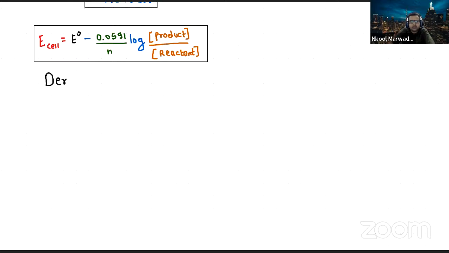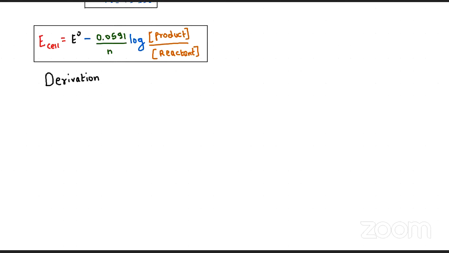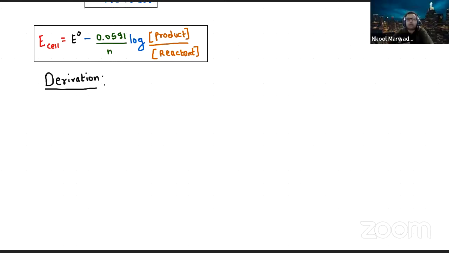Derivation of the Nernst equation. Like, how did we get this equation? That is the question. So we know that in an electrochemical cell, a redox reaction is taking place. So let us start with a redox reaction.